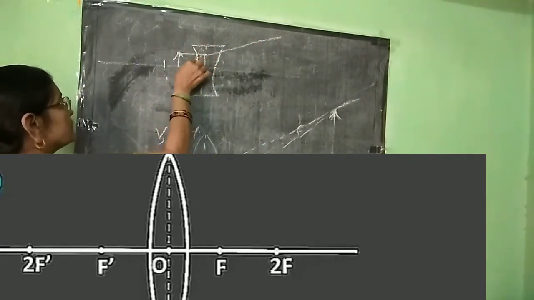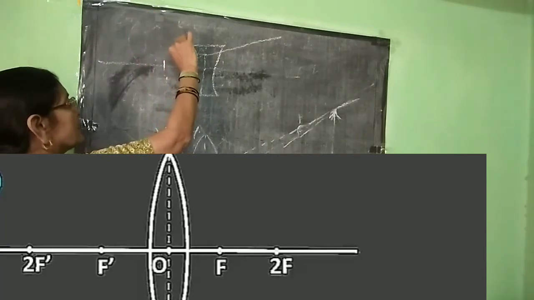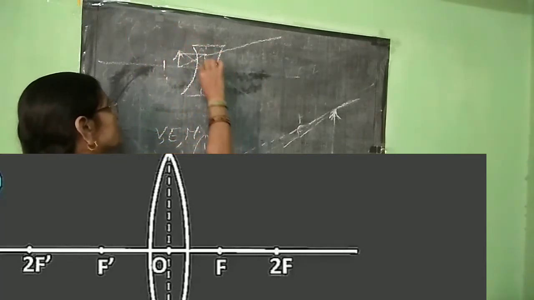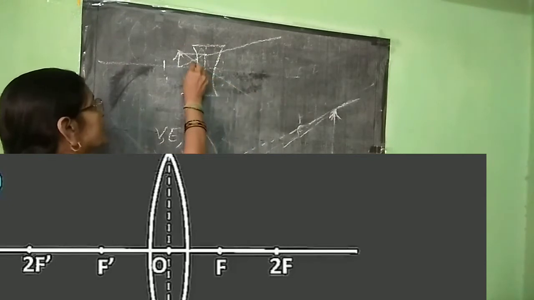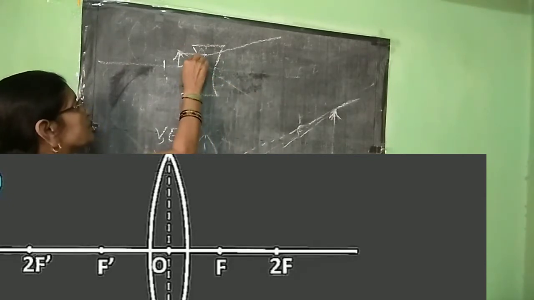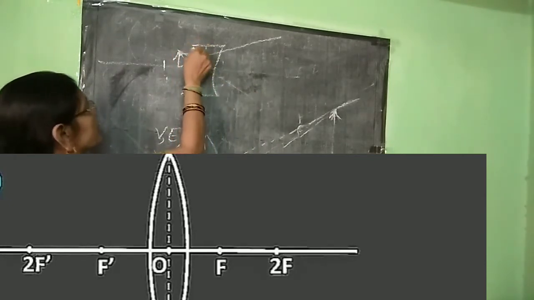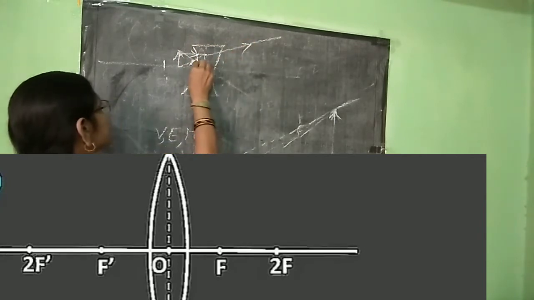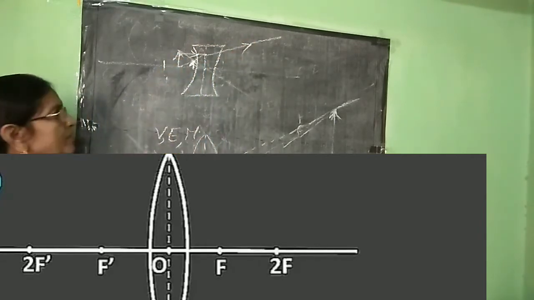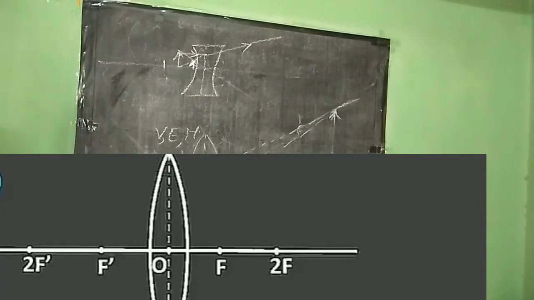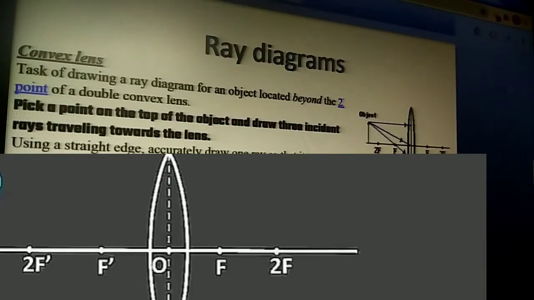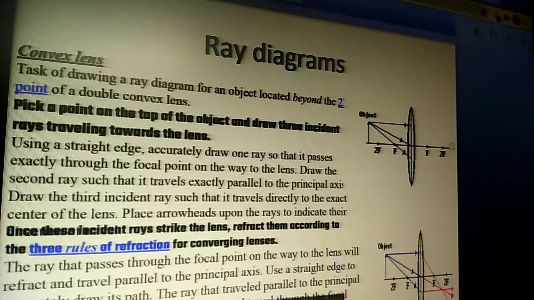Here, in a finite position, it goes like this. So the ray will be like this, and another ray goes through the optic center, and the image will be formed here. This is the ray diagram. In these ray diagrams, based on the rules, one ray should be parallel to the principal axis, one should go through the principal focus, and one should go through the optic center.